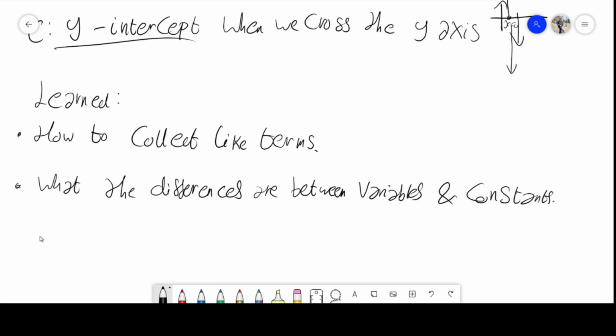And finally, we've met our first equation, being y is equal to mx plus c. And this we're going to see a lot more of in various different incarnations, and every single time we meet it, we should be prepared to deal with it in a way that we've just done.